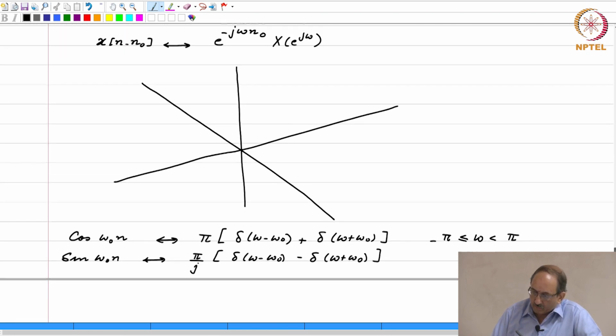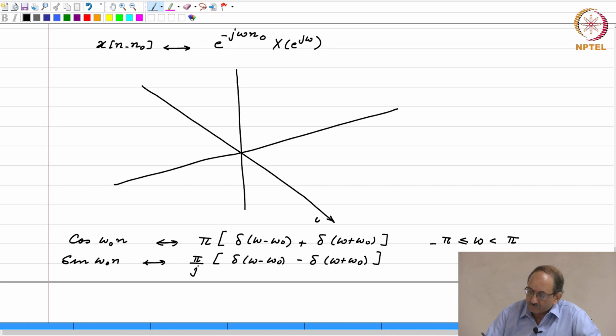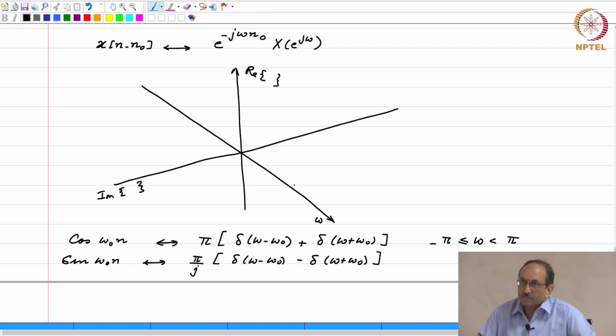Okay. Now, coming back to this, so let us call this the omega axis, and this is the real part and this is the imaginary part. Okay. Or rather, let me make this the real part and this the imaginary part, and this is omega.